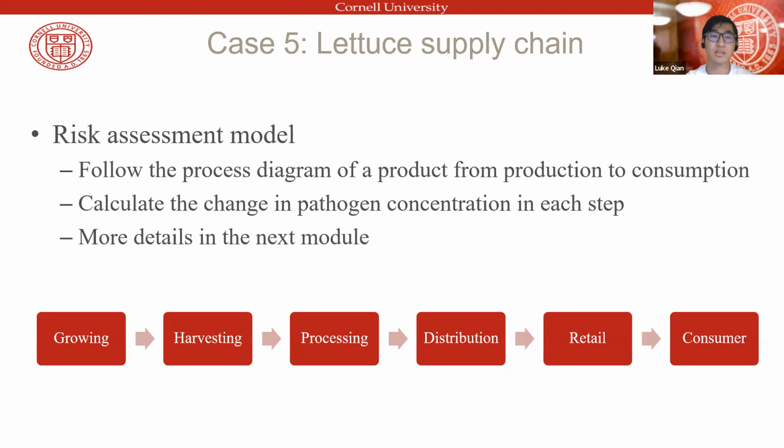And we can calculate the change of pathogen or spoilage microorganism concentration in each step. Cumulatively, we can predict the final concentration in a population of produce products or in a single serving of produce products. We'll talk more about this in the next module.